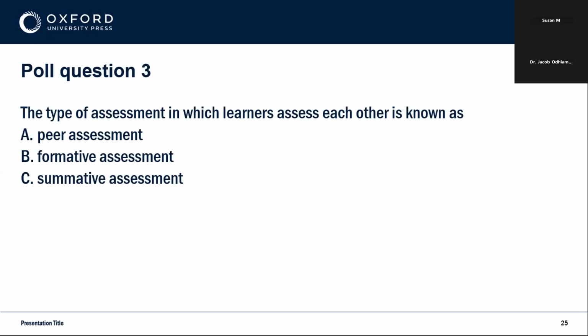The type of assessment in which learners assess each other is known as, is it peer assessment, formative assessment, or summative assessment? You have 1 minute. This one is very short to respond to that poll question.